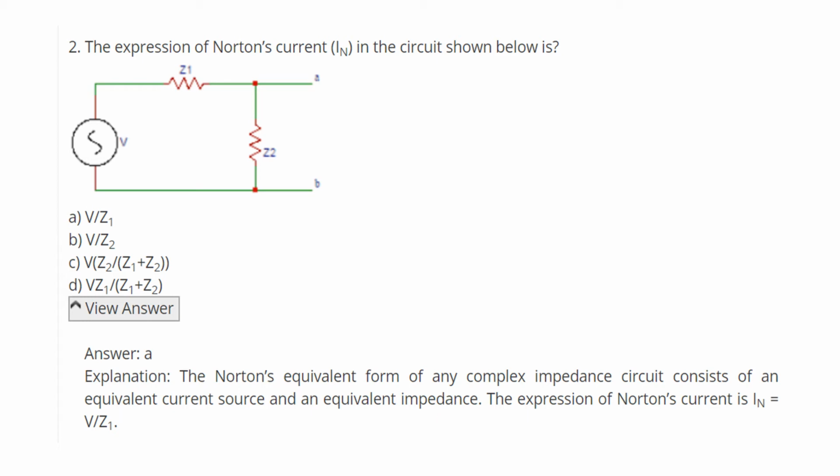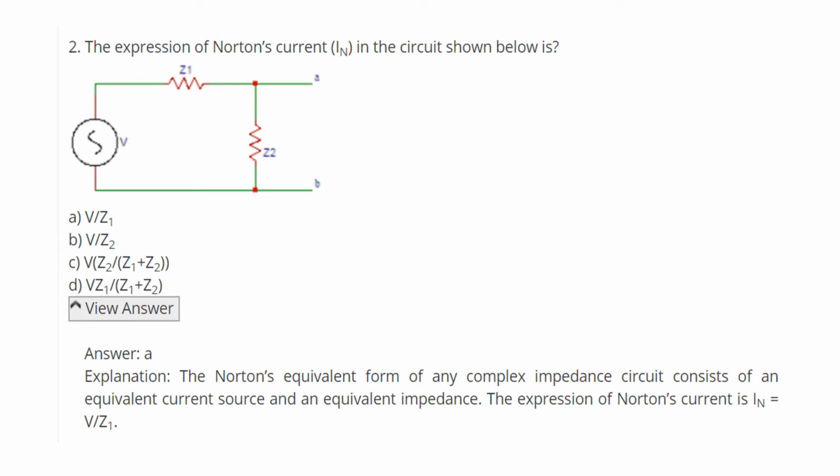The expression of Norton's current IN in the circuit shown below is, the circuit is shown here. Options are A, V upon Z1; B, V upon Z2; C, V into Z2 upon Z1 plus Z2; and D, V Z1 upon Z1 plus Z2.